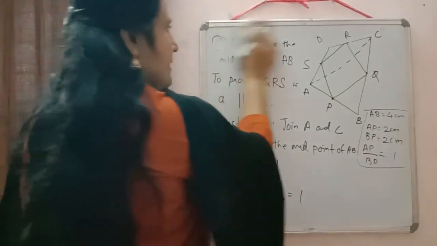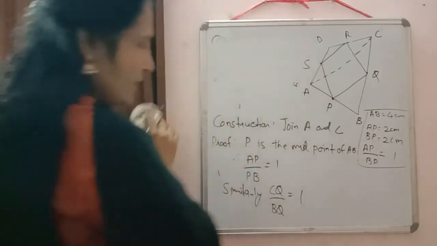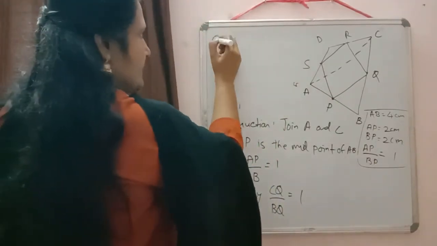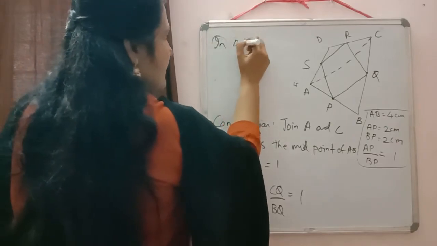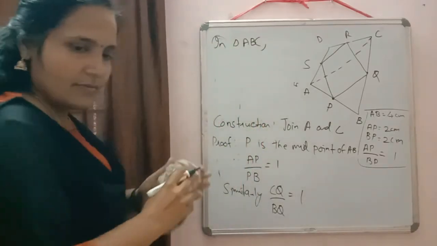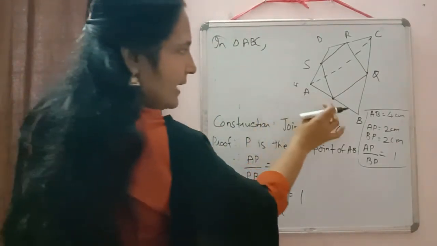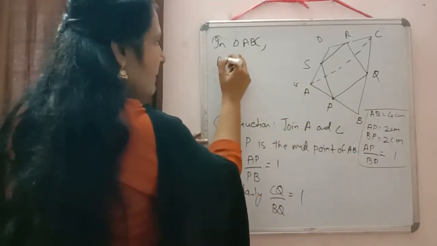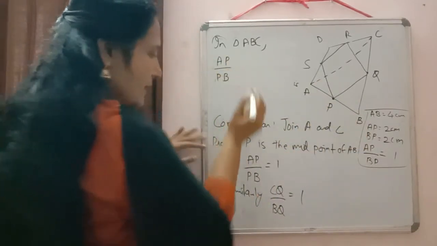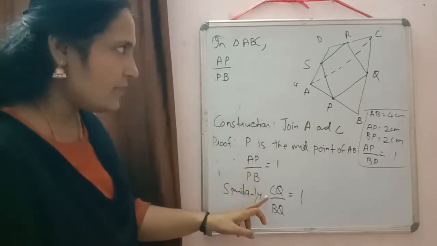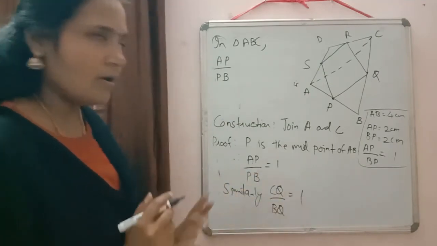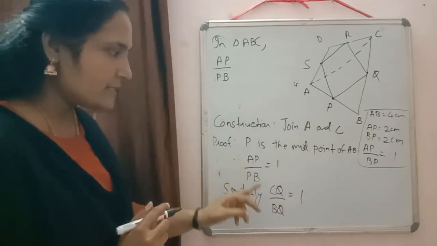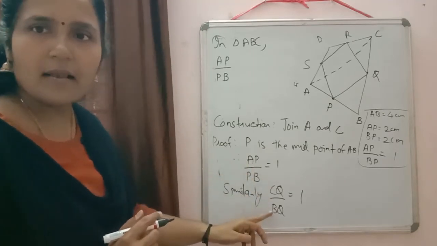Now just to check what we are getting here. In triangle ABC, we are getting AP by PB equal to 1. Similarly, we wrote CQ by BQ also equal to 1. So can we say these two ratios are also equal?